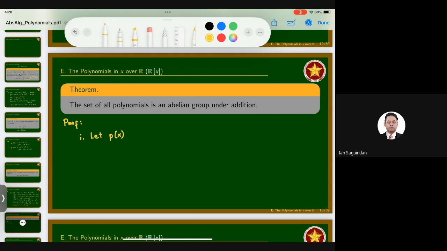First, we declare two polynomials. We have the summation of all a sub i, x to the i running from 0 up to n, and the polynomial q of x as the summation of all b sub j, x to the j running from 0 up to n.